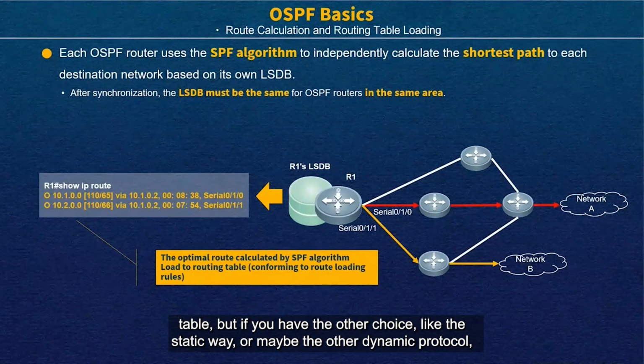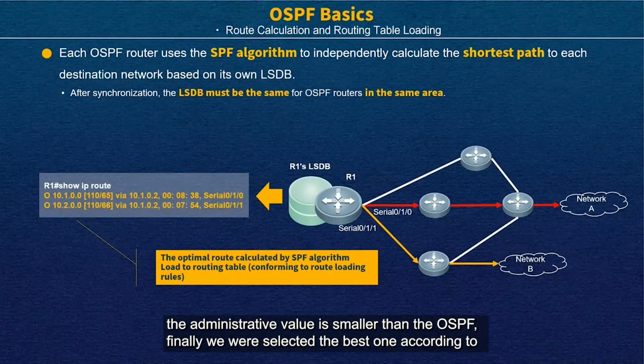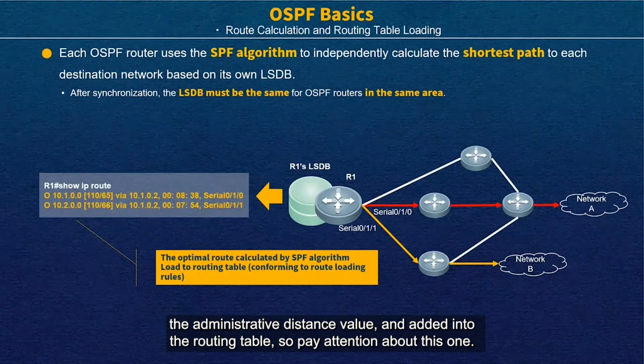But if you have another choice, like a static route or maybe another dynamic protocol whose administrative value is smaller than OSPF, finally we will select the best one according to the administrative distance value and add it into the routing table. So pay attention to this one.